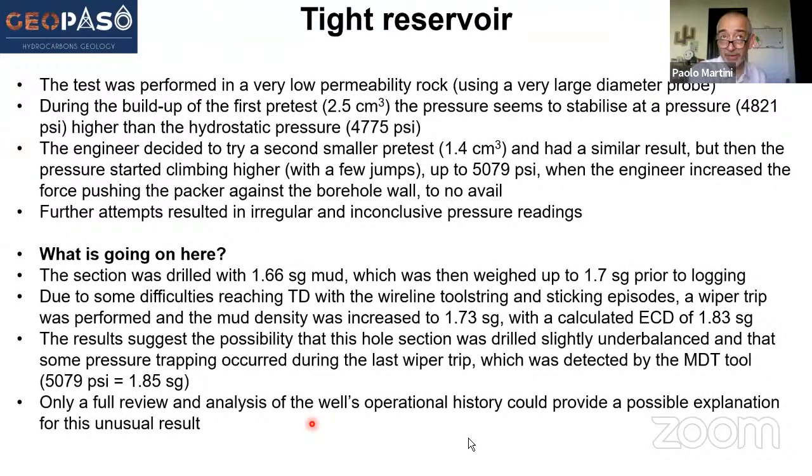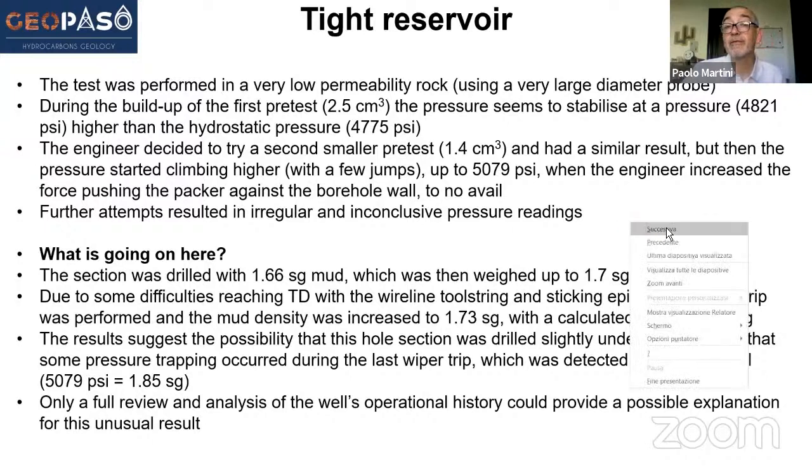So when the pretest created the drawdown, this kind of excess pressure that had been trapped in the formation showed up and was detected by the pressure reading. So if you don't have the full operational history of the well, you would never be able to understand something like this. So it's very important to use all the well information when you need to interpret pressure data.